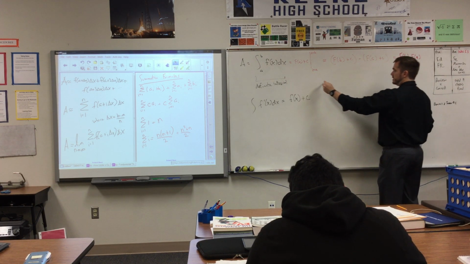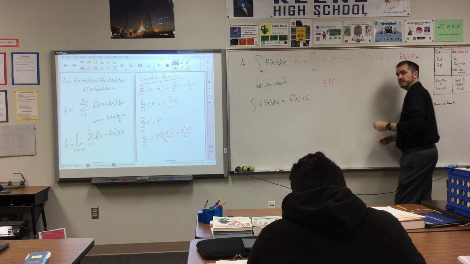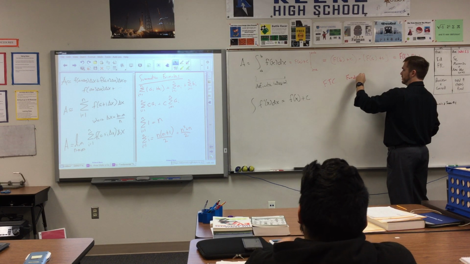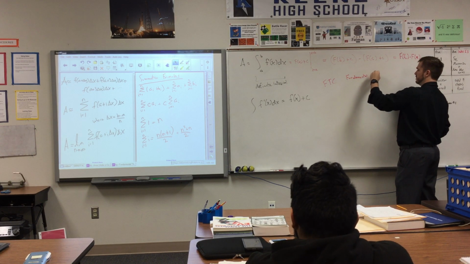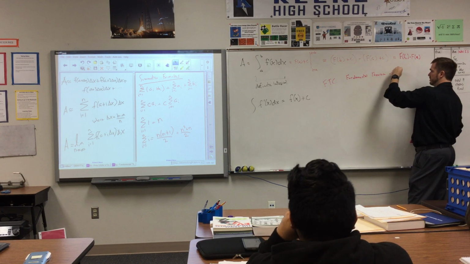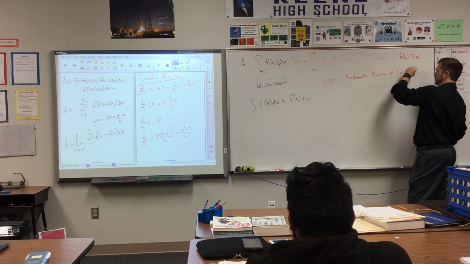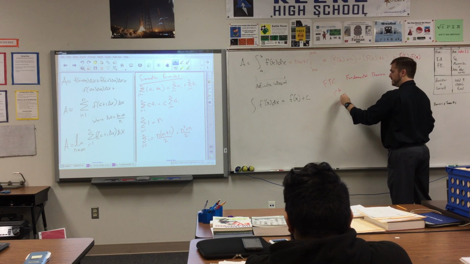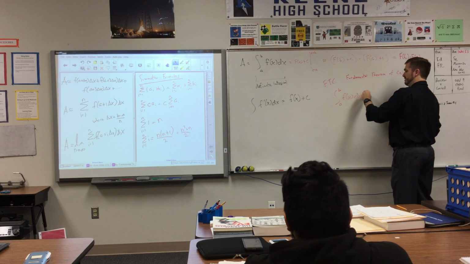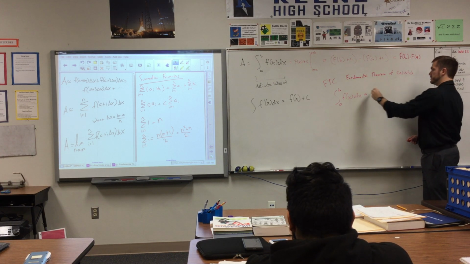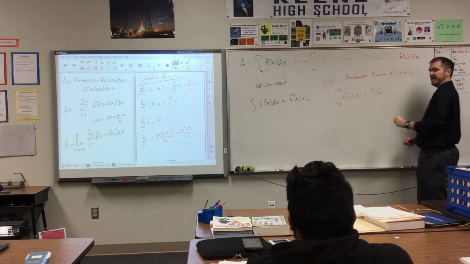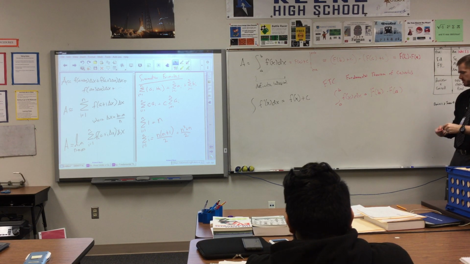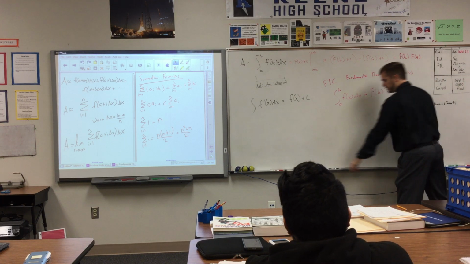So here's the short version. It's called the fundamental theorem of calculus. The integral from a to b of f of x dx equals capital F of b minus capital F of a.